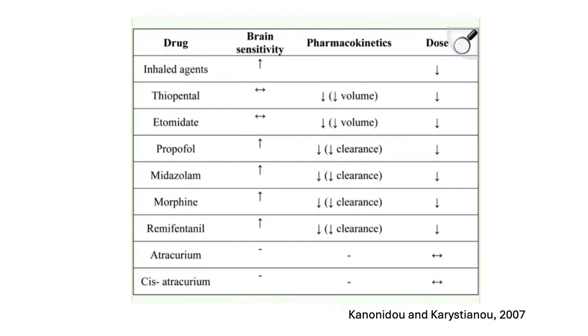Again, you have to reduce your remifentanil dose. You cannot give the same dose that you give in a young patient because it will cause profound hypotension, bradycardia, and these patients can also develop chest wall rigidity. So you need to be aware of that.